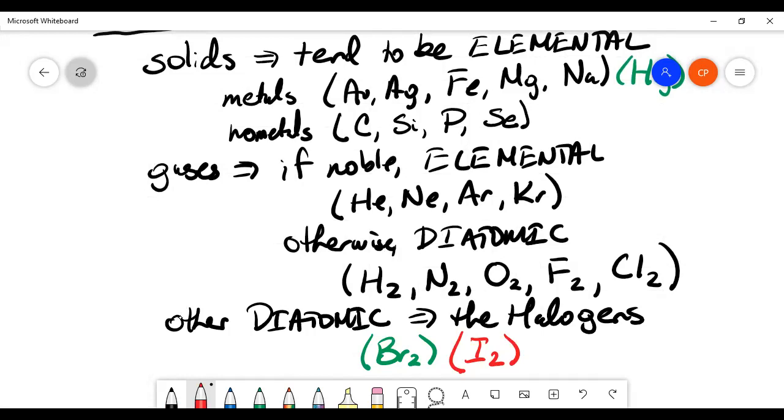It turns out to be very important to recognize the elements that turn up in diatomic form and their distinction from the other elements in the periodic table who in their standard state are in elemental form.